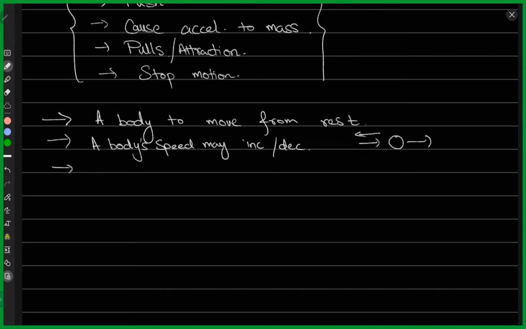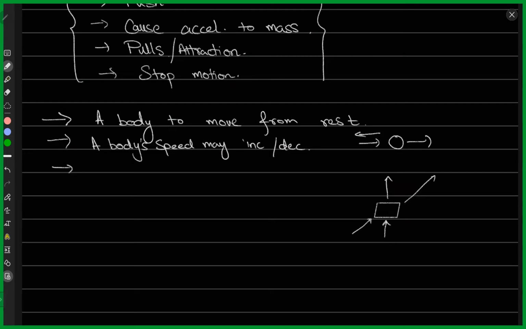So again, a very simple example is a book on a table. For example, if someone applies a force over here, then this book moves over here. And if someone immediately comes along and applies a force like this, then the book would change its direction and start moving somewhere in between these 2 lines, right?